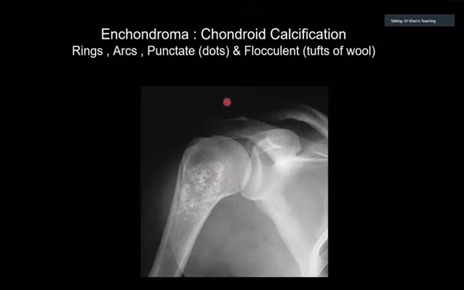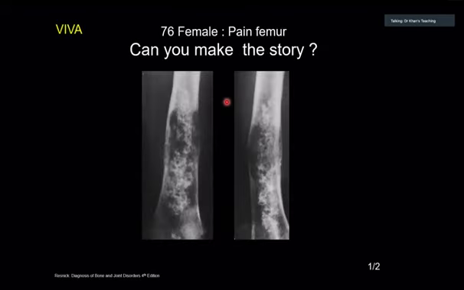There is a concept of malignant transformation of enchondromas, and that will come in the exam. So enchondromas can convert to chondrosarcomas. And similarly, bone infarcts can convert into malignant tumors. And the examiner will ask you what has happened.